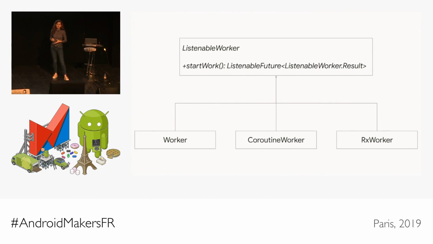And finally, let's talk a little bit about ListenableWorker. ListenableWorker is an abstract class, and it has an abstract method startWork. This ListenableFuture is taken from the Guava library, but if we want to use it in our code, we have a dedicated artifact that should be included in a Gradle file. Actually, the Worker, the CoroutineWorker, and the RxWorker are implementations of this class.